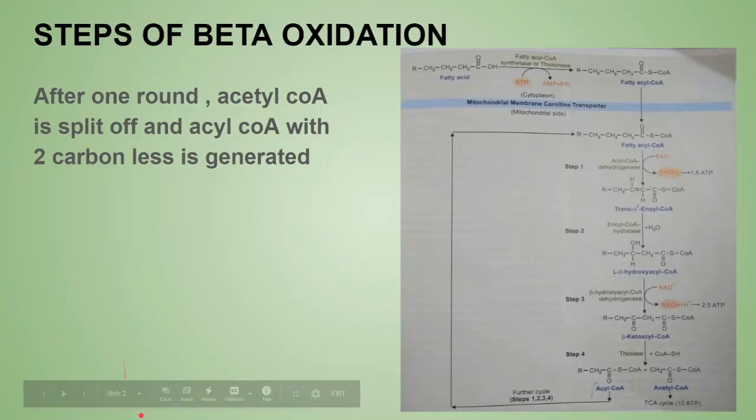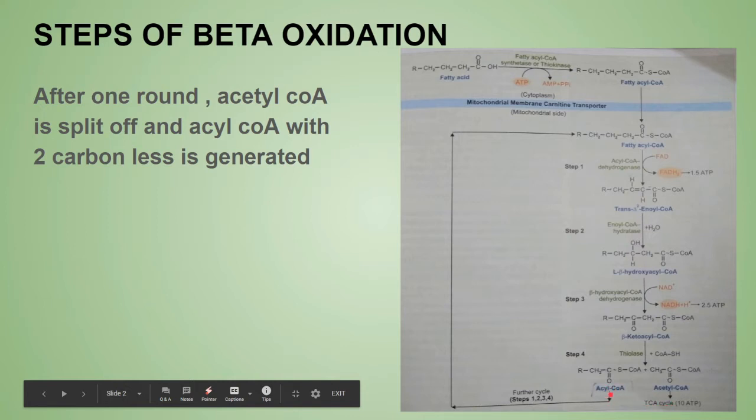Now over here, as you can see, these are the four main steps of the beta oxidation, the breakdown of the fatty acids. These four reactions are sequentially repeated for complete oxidation of the fatty acid. After one round of four metabolic steps, at the end you will get two main things: the acetyl-CoA, which will further go into the TCA cycle, or citric acid cycle, tricarboxylic acid cycle, and the acyl-CoA.